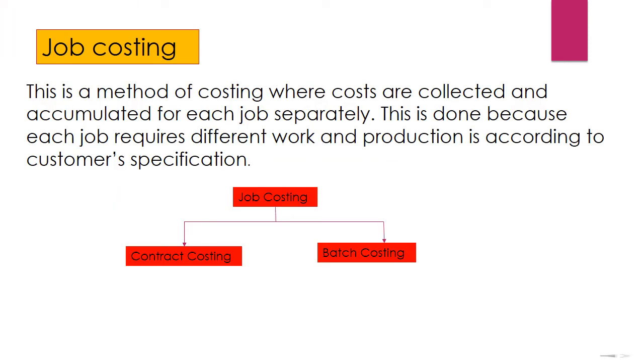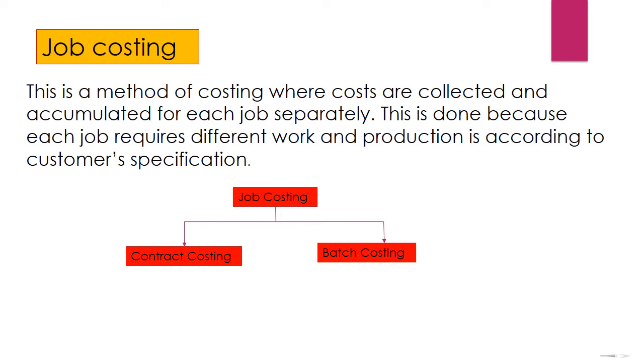In this method of costing, the costs incurred for a specific job are collected and accumulated, and the costs incurred only for that job is taken into consideration. This is done because the nature of the work of each job will differ from each one, and it will be according to the specification of a customer.